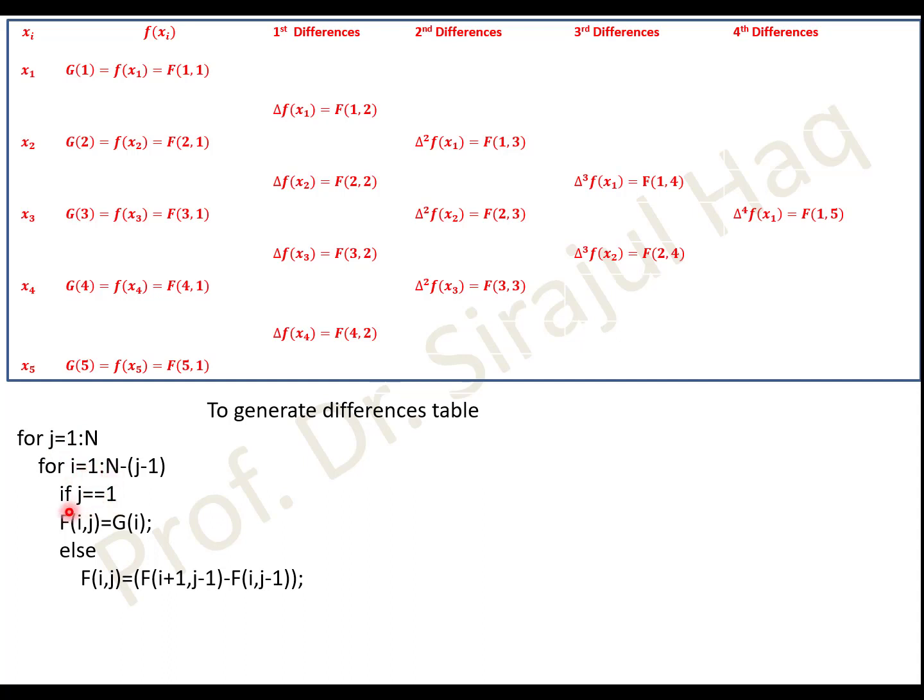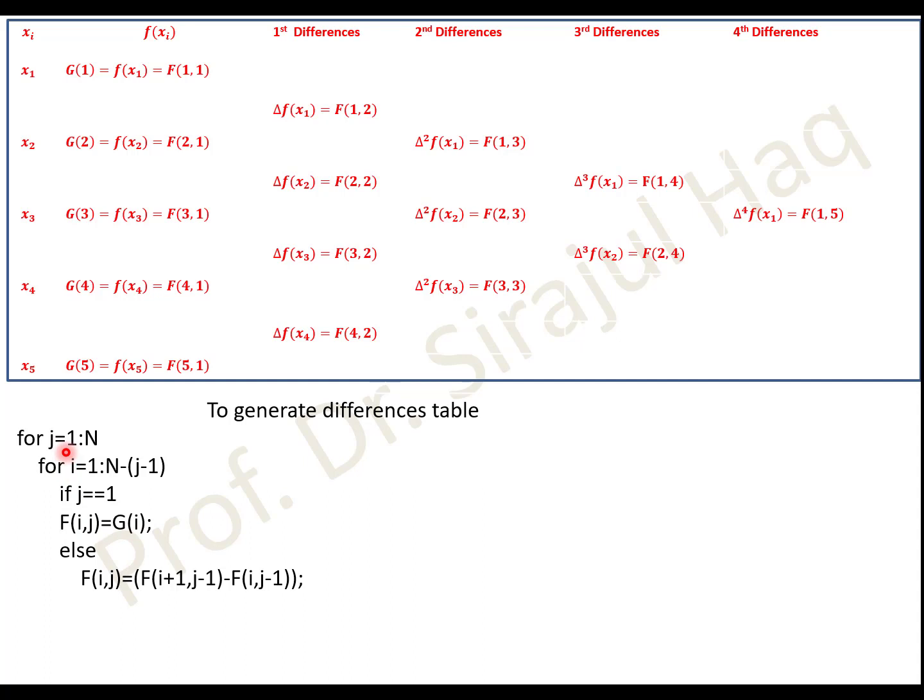Since j is equal to 1, it will use this value: f of 1 is g1, f of 2 is g2, f of 3 is g3, f of 4 is g4, and f of 5 is g5. We computed values of the function in the second loop of the divided differences.